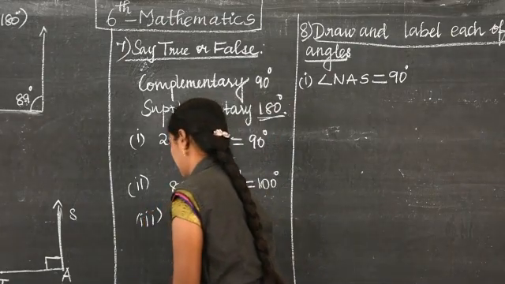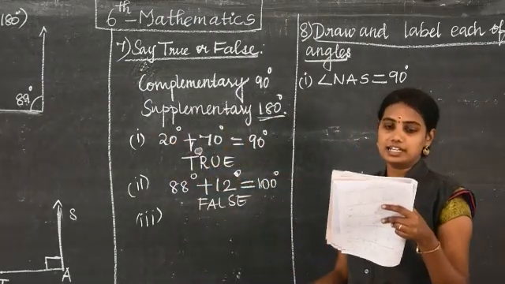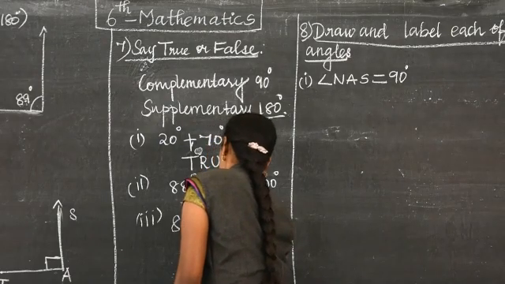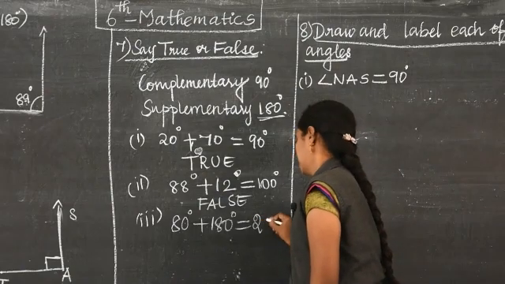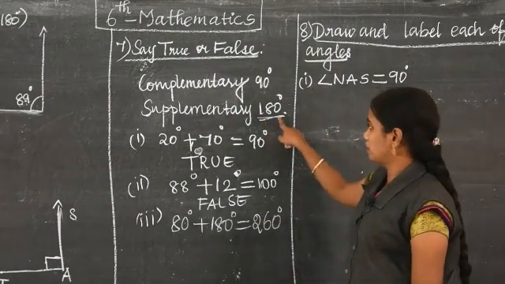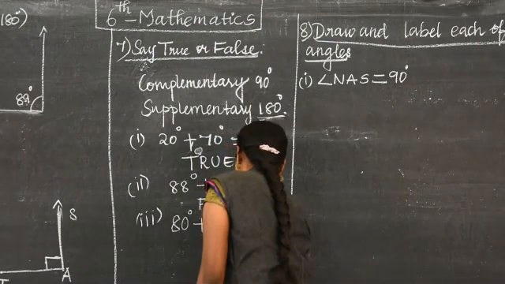Next, option 3. 80 and 180 are supplementary is given. Add 80 and 180, which is 260. Is 260 supplementary? No, 180 only. So the given statement is false.